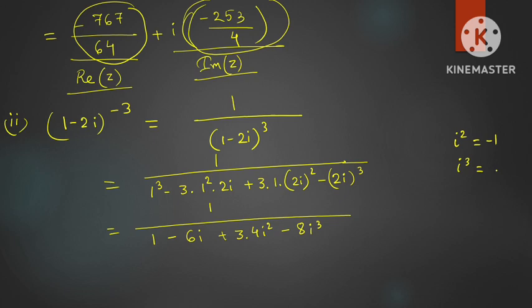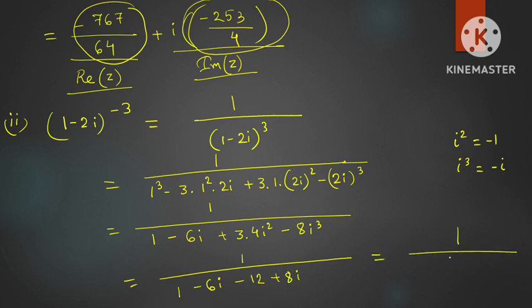So we are going to put the values of those two, i square and i cube. Here we get 1 minus 6i, and it will be minus 12, and this will be plus 8i. So what we get is 1 divided by 1 minus 12, that will be reduced to minus 11 plus 2i.